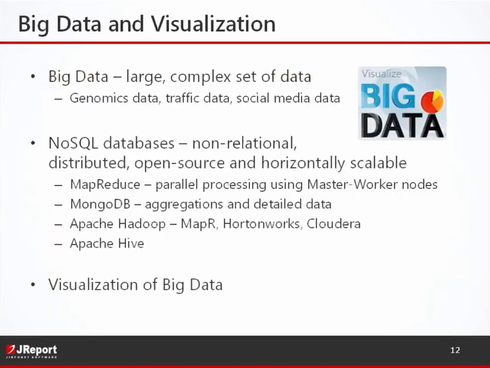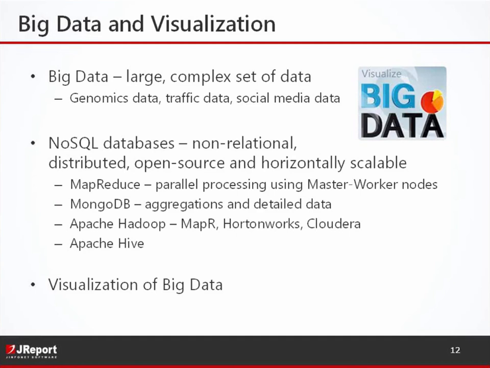All right, now moving on, I just want to quickly talk about big data. It is kind of a hot topic now. I'm sure all of you have heard about big data. Some examples of big data are mentioned on screen: genomics data, your social media data, and so on. A very common way to store big data is by using a very lightweight database called NoSQL databases, which is a non-relational, distributed, open source database and very horizontally scalable.